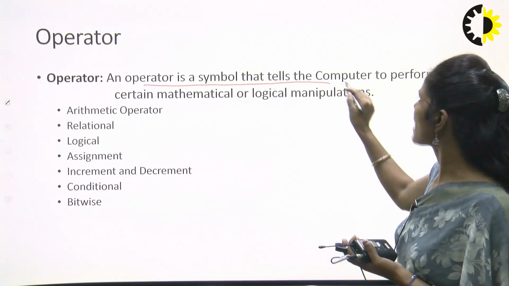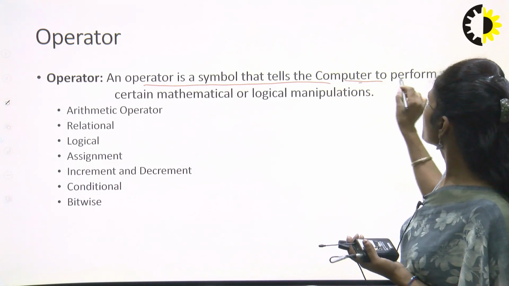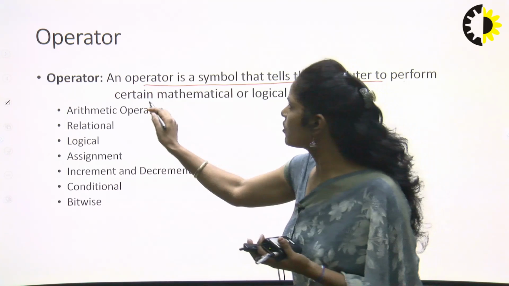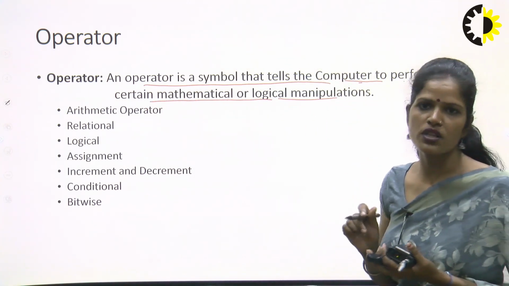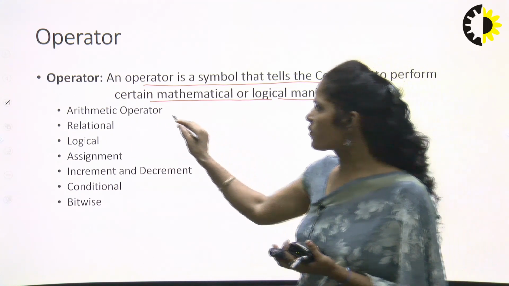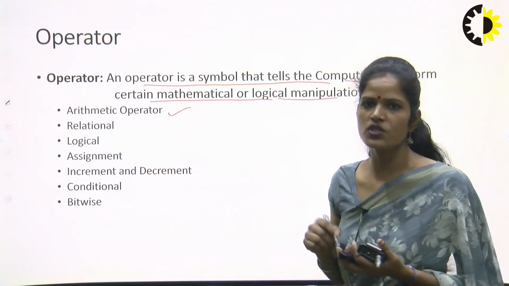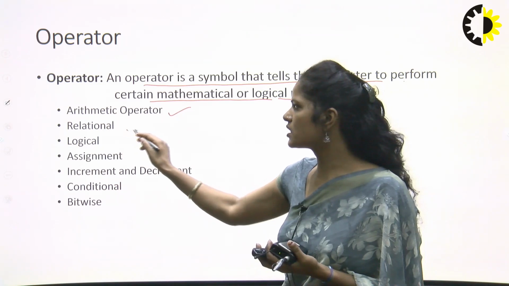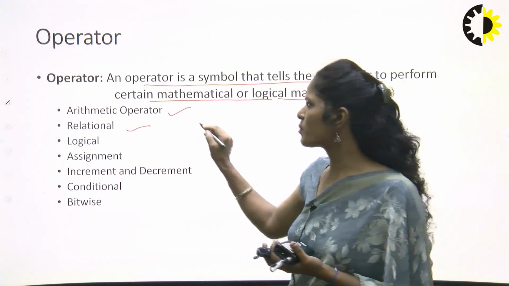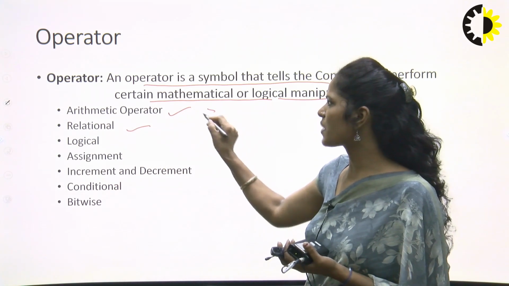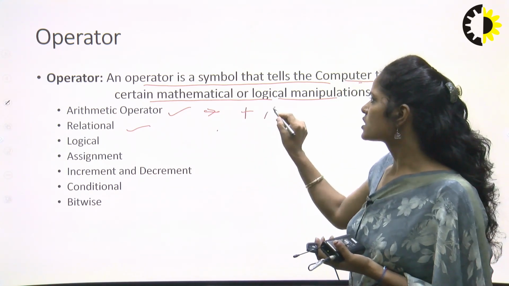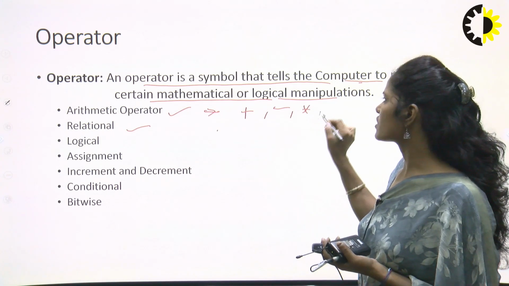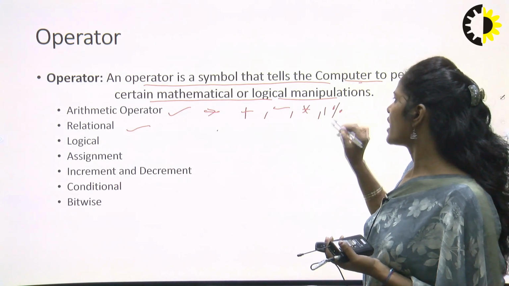An operator is a symbol that tells the computer to perform some mathematical or logical manipulation on particular data. So here we have a set of operators supported by the C language. First is the arithmetic operator, as its name specifies: plus, subtraction, multiplication, division and modular division.